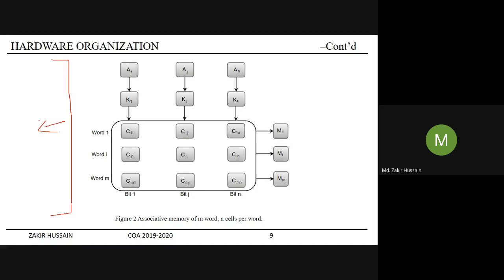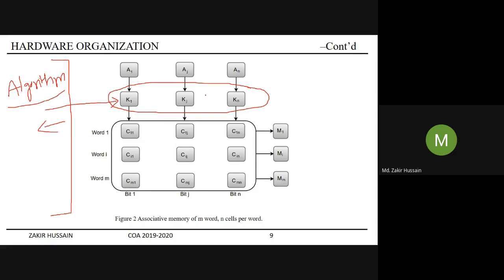There is a software algorithm running that decides which portion to match and which portion not to match. Accordingly, we set the bits in the hardware. This is the key register. In this key register, wherever the match needs to happen, it sets the bits as 1.